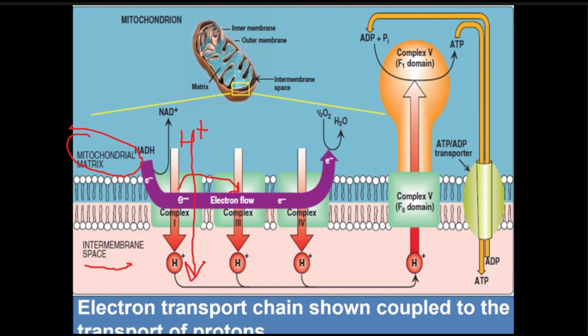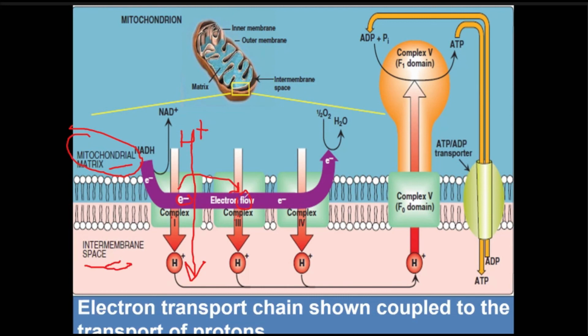When the electron moves from complexes, either complex 1 to 3 or 1 to 2 or 3 to 4, does the H plus go from the mitochondrial matrix towards the intermembrane space or the opposite? So remember, when the electrons are moving from one complex to another, the H plus, proton, hydrogen plus, goes from the mitochondrial matrix to the intermembrane space.